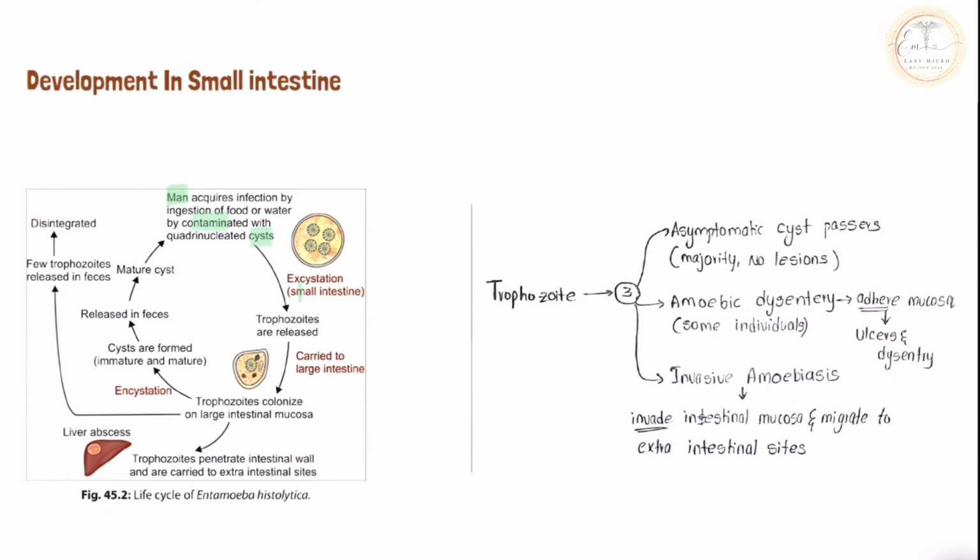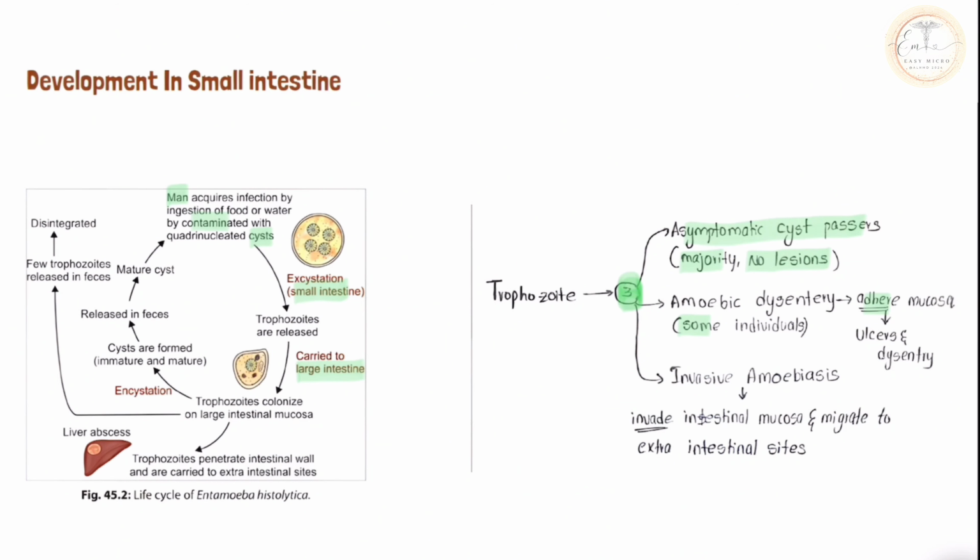In the large intestine, the trophozoite has 3 options. The first one, which occurs in the majority of individuals, is that it doesn't cause any lesions and the patient will be an asymptomatic cyst passer. In some individuals, it causes amoebic dysentery by adhering to the intestinal mucosa.